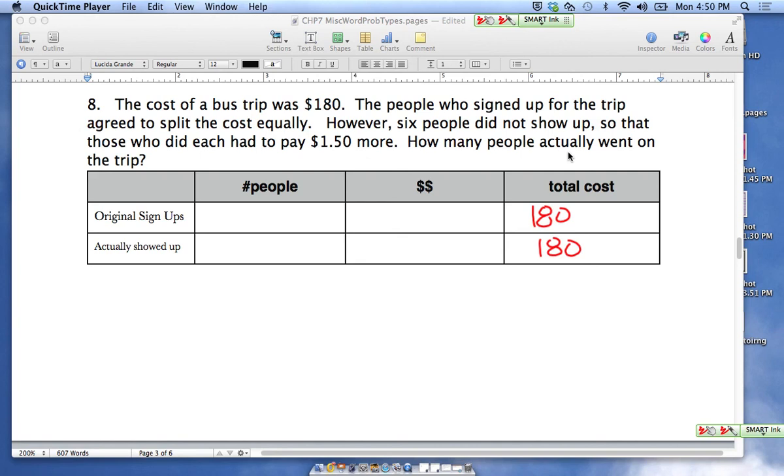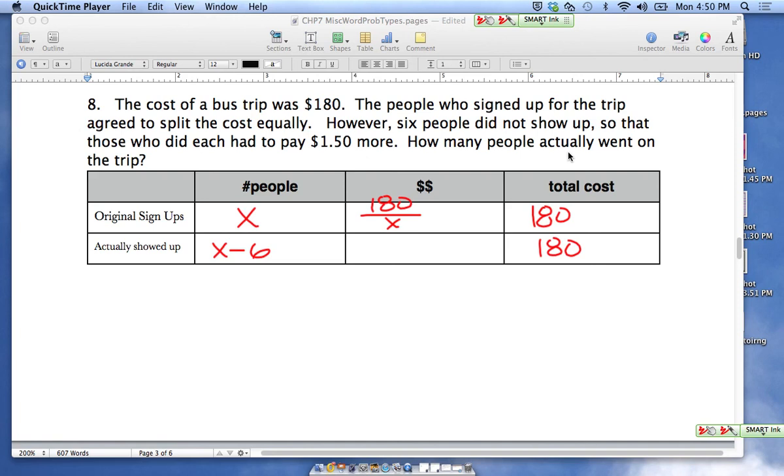So let's let X represent the people who originally signed up. So that means that the cost per person is the total trip divided by the number of people that are going. Now, what actually happened, 6 fewer people showed up. So that's X minus 6. And then the cost increased.